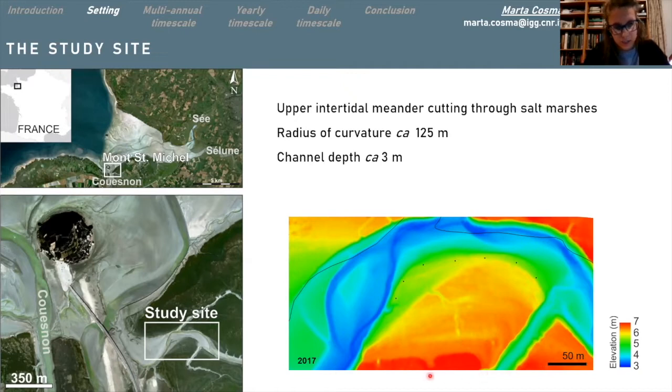Here you can see a Lidar DEM of 2017, which shows the meander, which has a radius of curvature of about 125 meters and a channel depth of 3 meters at the bankfull stage.